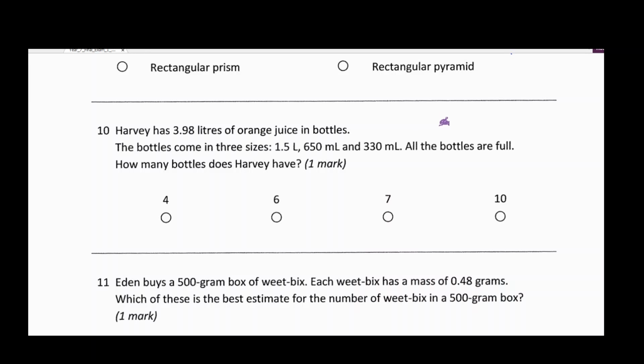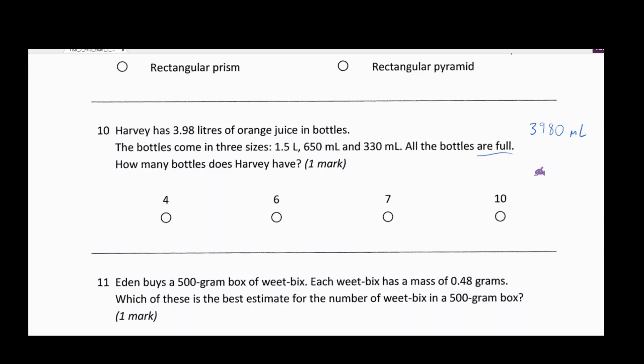So let's have a look at this. 3.98 litres is 3,980 millilitres. All bottles are full.